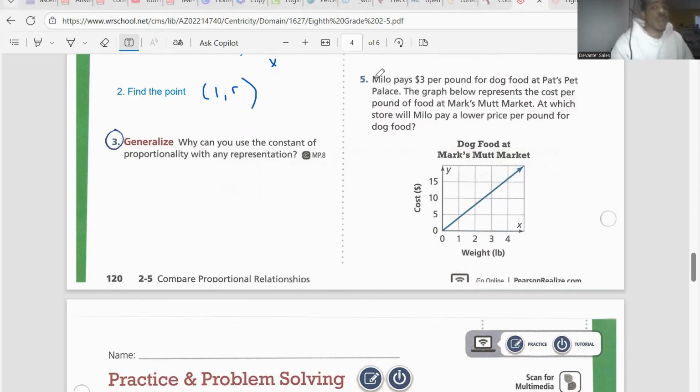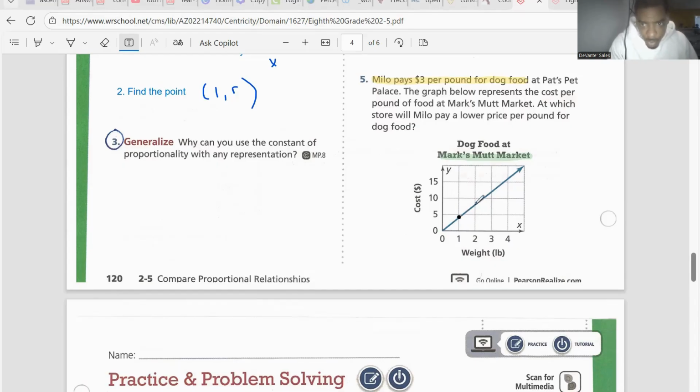They just describe it. They tell us Milo pays $3 per pound for dog food. That's the unit rate. Now, for our second one, I'm going to highlight this one green. Dog food at Mark's Mud Market. If you're looking at this, you'll realize you have to do a little bit of estimating. We do have a point where 1 is, which would be right here.